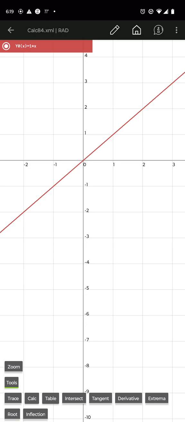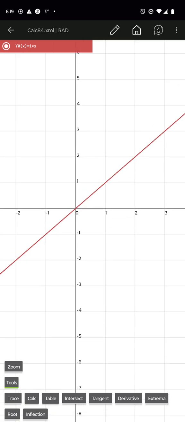This is how you check the slope of a linear function. As you can see, it goes up, then a straight line. Look, you see where it shows this one and this one, and where it passes through?